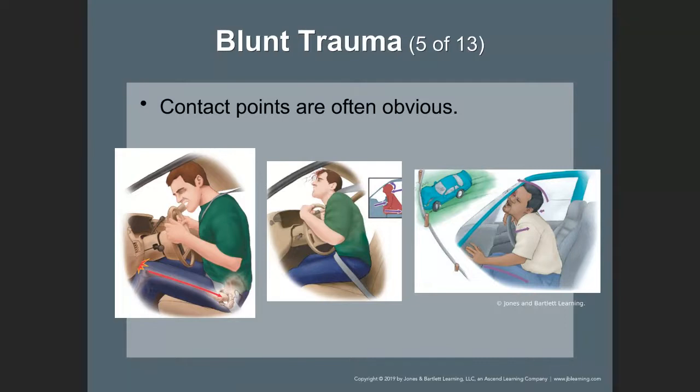Persons that are short tend to go under the steering or under the dashboard. Remember, when you're looking at the interior of the car and there's deformity, we're thinking about external injuries. When we're looking at the patient for impact points, that's when we start to think about the third collision, internal injuries.